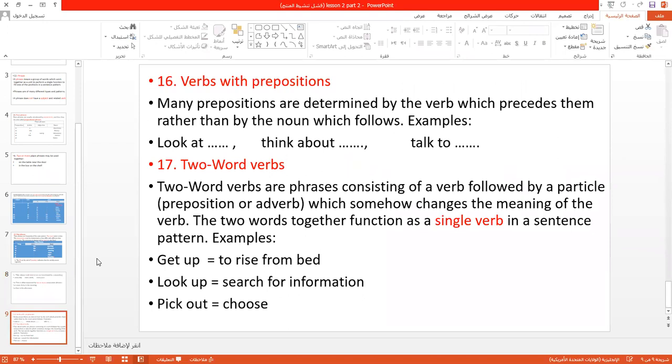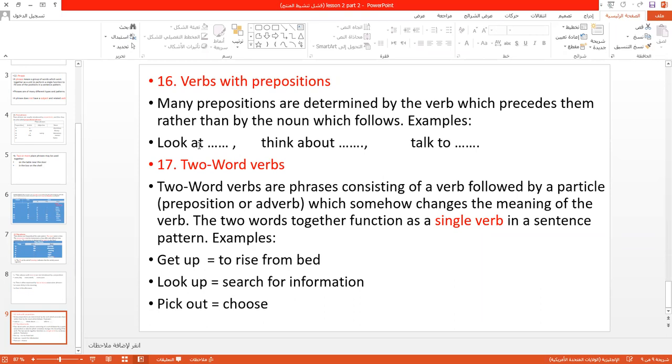Here we're going to talk about verbs with prepositions. Sometimes a verb is followed by a preposition and it becomes what? A verb phrase. Look, many prepositions are determined by the verb which precedes them, قلنا what's the meaning of precedes, يأتي قبله, rather than by the noun which follows.